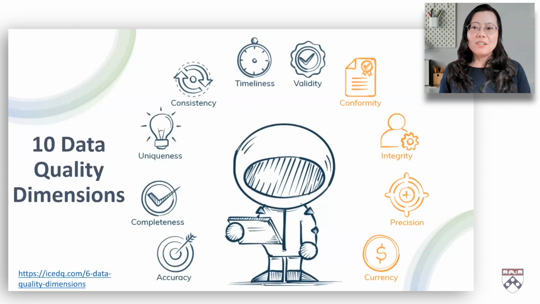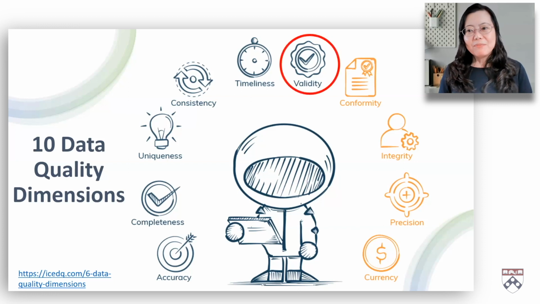Here are 10 dimensions of data quality that we examine when receiving a dataset. In this class, our emphasis will be on data validity. For more detailed exploration of other dimensions, you can refer to Wikipedia or the ICE-DQ webpage for comprehensive information.